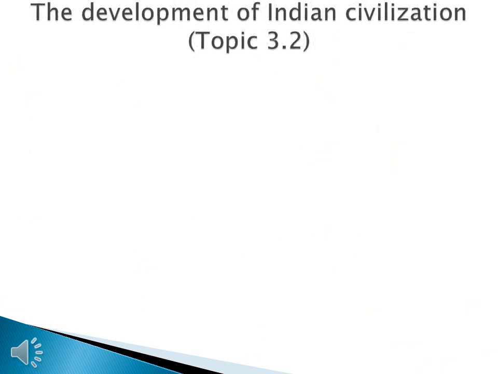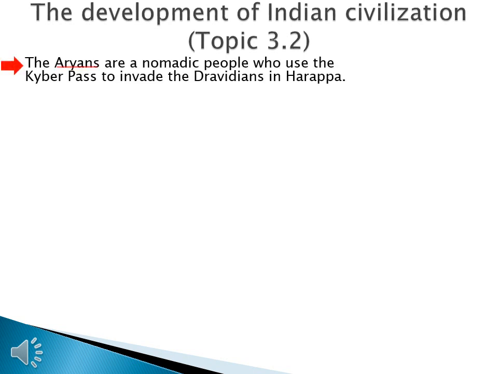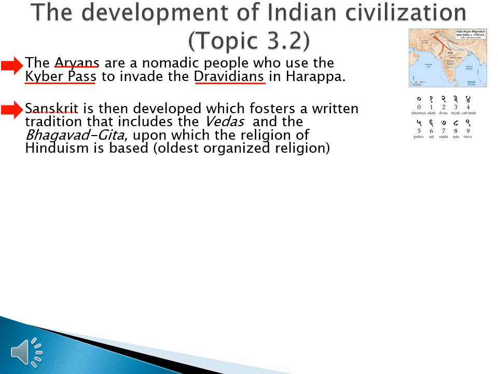Next, we discussed the development of Indian civilization, topic 3.2, and we learned that the Aryans are a nomadic people who use the Khyber Pass to invade the Dravidians in Harappa, and it's these two people that form the basis of Indian civilization. In doing so, they develop Sanskrit, which fosters a written tradition that includes the Vedas and the Bhagavad Gita, upon which the religion of Hinduism is based.